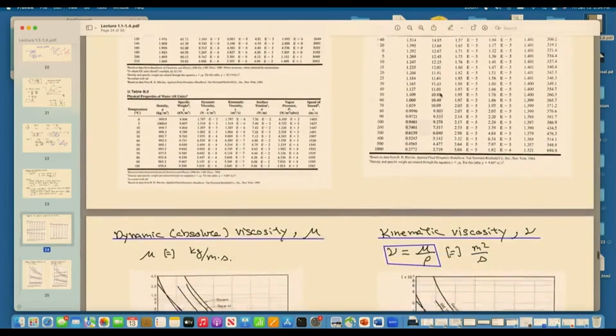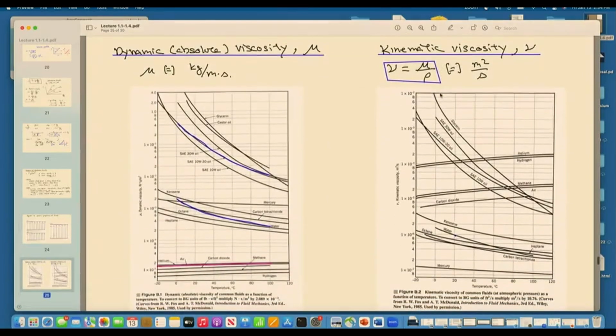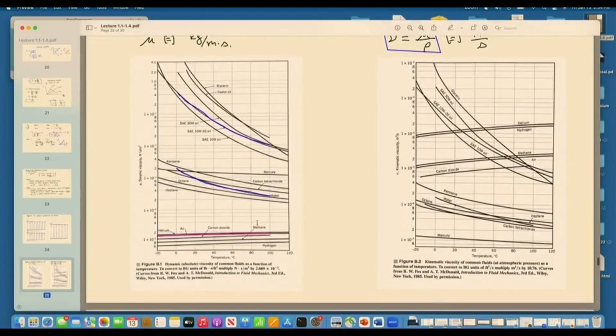Now, you have these tables for water in both sets of units and also air. But for other fluids, we have glycerin, various oils like SAE 10W, mercury, octane, kerosene, air, CO2, methane, hydrogen. So you can look up in these figures the viscosity versus temperature, or the kinematic viscosity versus temperature.